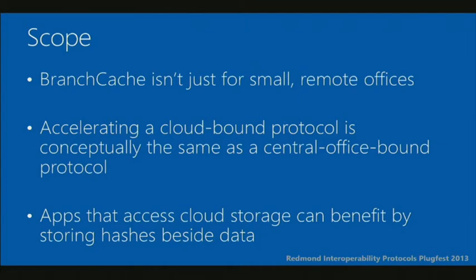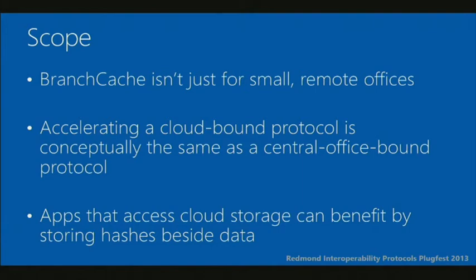You still have latency, you still have bandwidth constraints, and it is probably faster to talk to the guy next to you than to talk to the data center in Tukwila or San Francisco or wherever it happens to be located. So conceptually, accelerating a protocol dealing with the cloud is no different than something that's going internally to something that's in the central office.